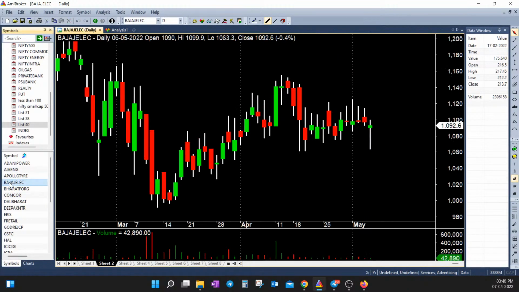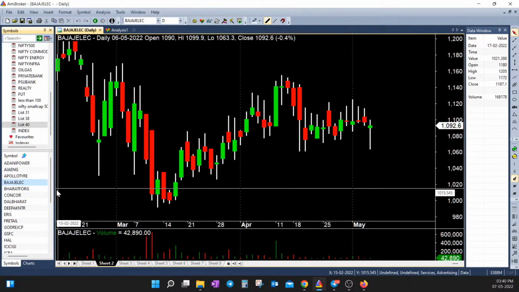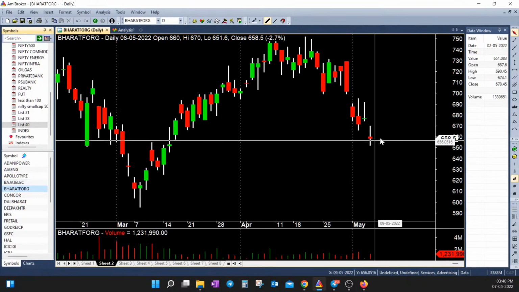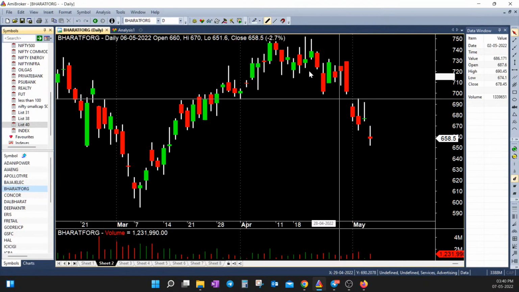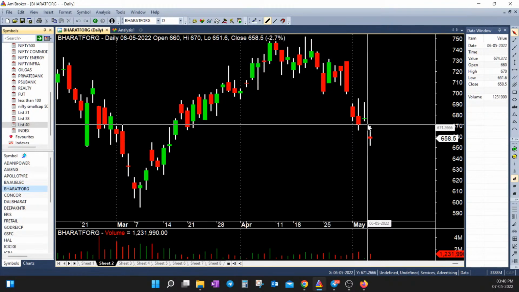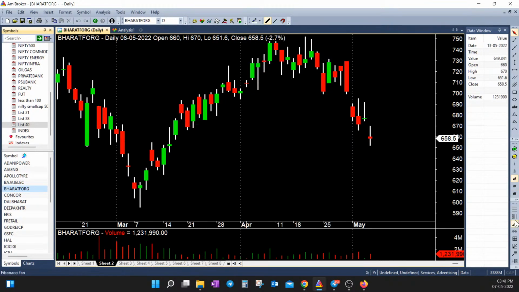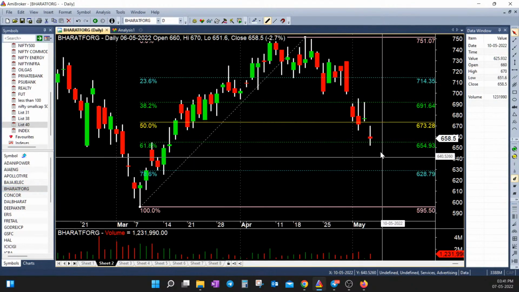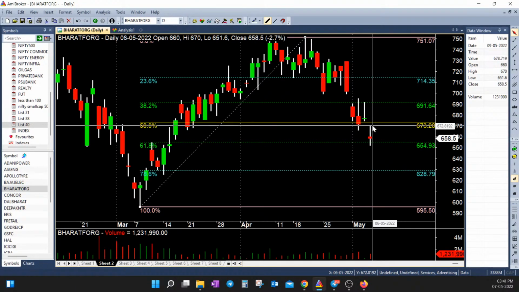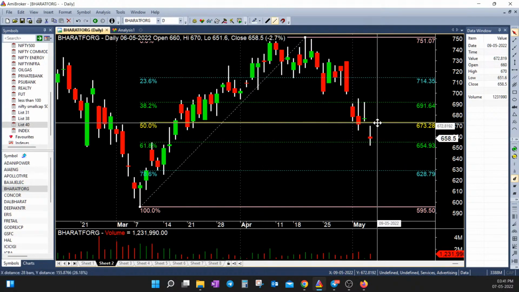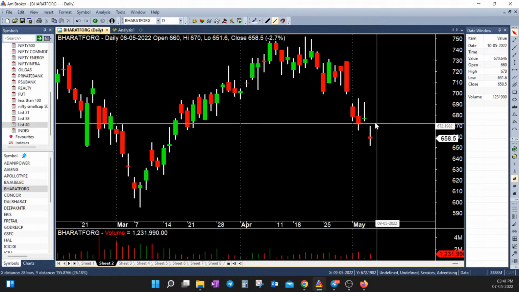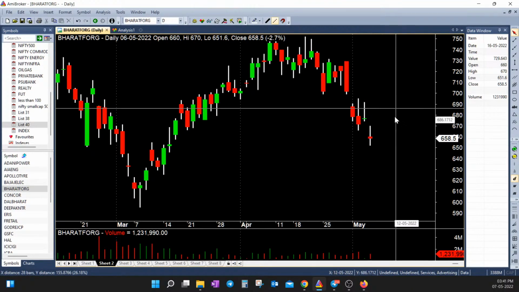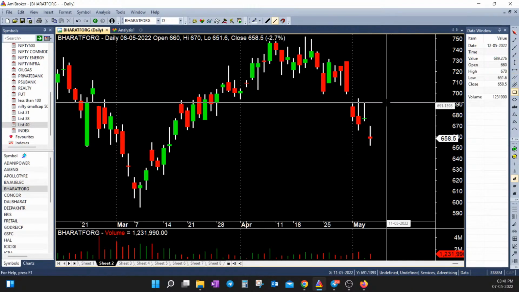Bajaj Electricals, Bharat Forge, this I do avoid. Why? Because it is at a 50% retracement level, is it not? See, it has formed at the 50% retracement level, so that means it is in between. We cannot make any decision, it might go up also, it might come down also.